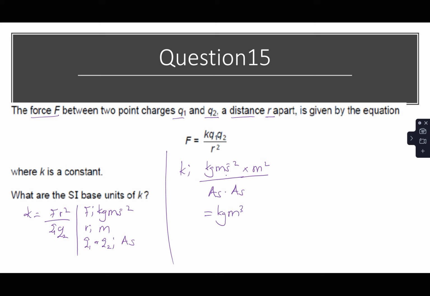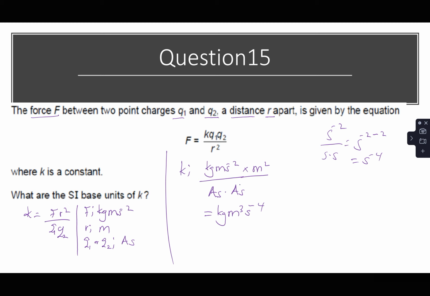Then s power -2 in the numerator divided by s squared in the denominator becomes s power -4. Mathematics window: s power -2 divided by s times s. That becomes s power -2 minus 2, because in the denominator s times s is s power 2. So it becomes s power -4.